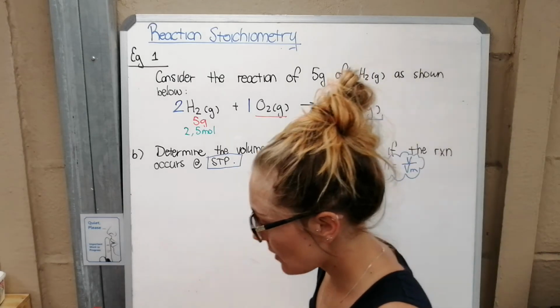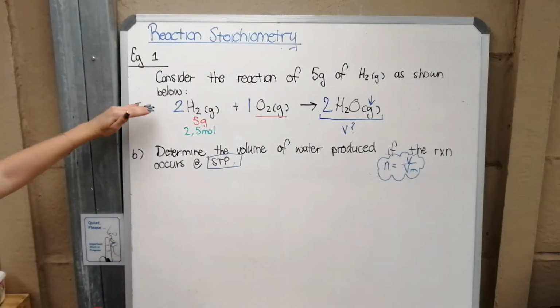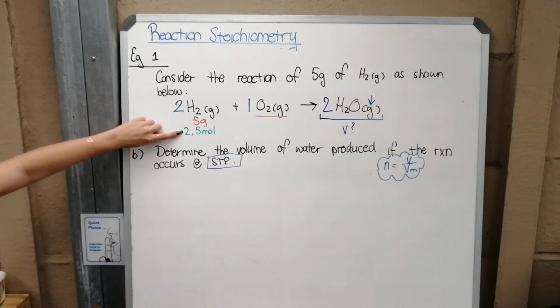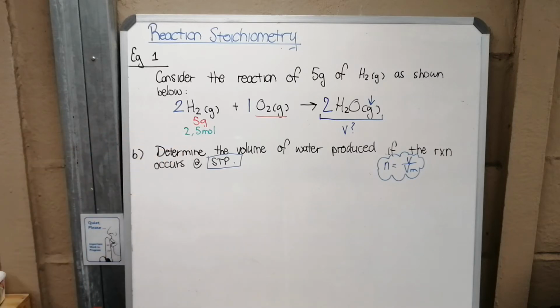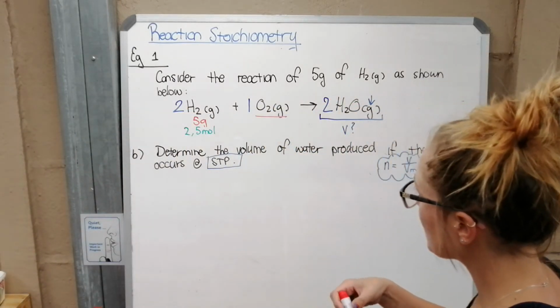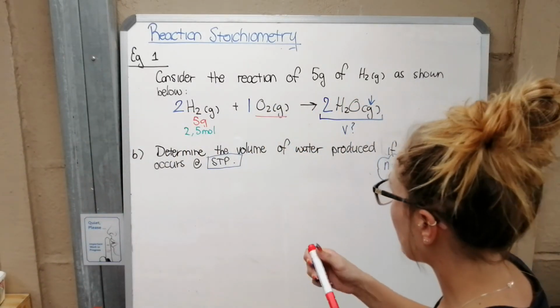Okay, so step 1 is to make sure we have a balanced reaction equation. We do. Step 2 is to convert the given information into moles. We already did that in question A. Okay, so we can go straight to step 3, which is to determine the number of moles of the thing we want. So we want H2O. So we're going to write our little ratio thingies.